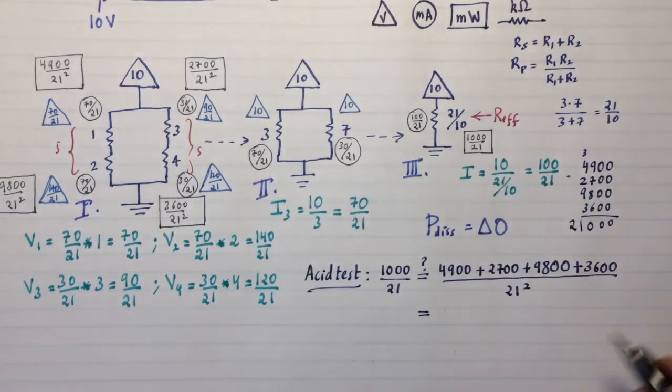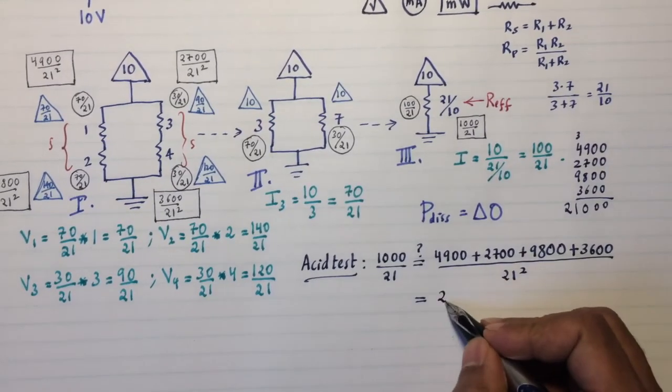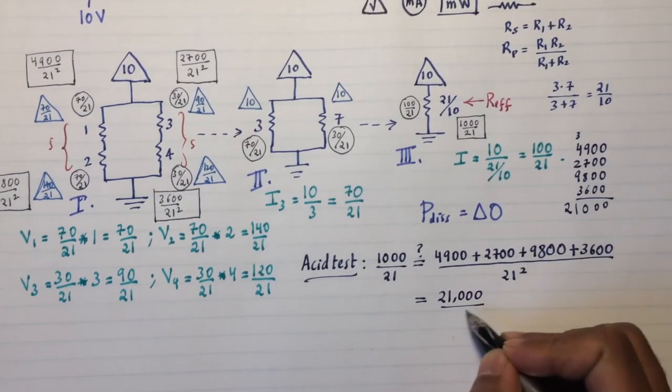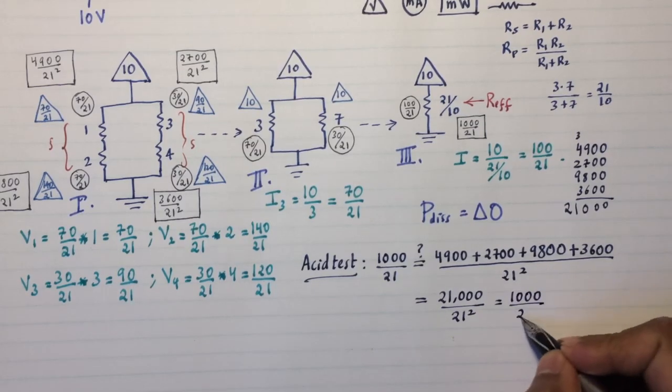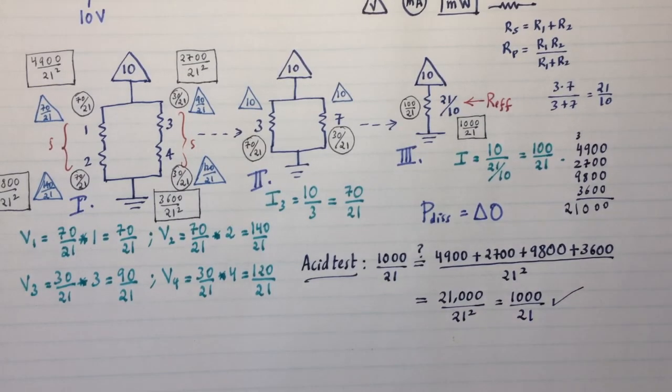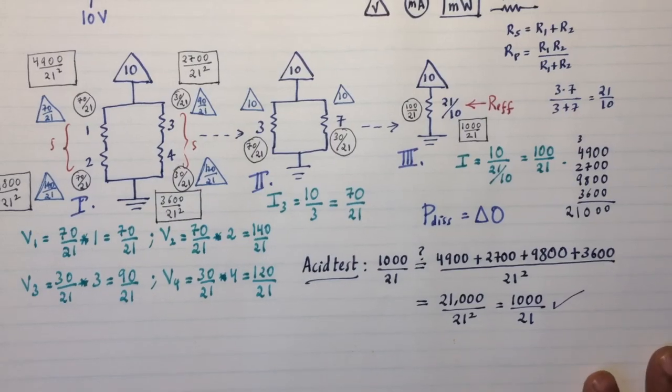Oh, it's almost hard to believe. That's 21,000. So 21,000 divided by 21 squared is indeed 1000 over 21. Hooray! I was almost ready to start the video over with better numbers, but it worked out. It's a miracle.